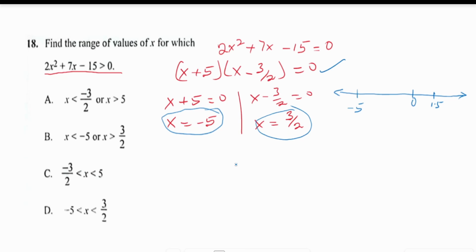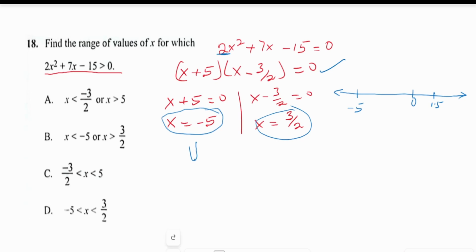Then I'm going to sketch a quadratic curve, and there are a few things I need to know. The first thing I need to know is the nature of the curve, whether it has a minimum vertex or a maximum vertex, and that can be seen here. Since the coefficient of x squared is positive, it means that our graph will be in the form of a U, so it will have a minimum vertex.